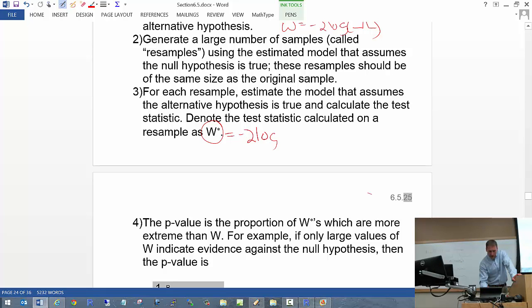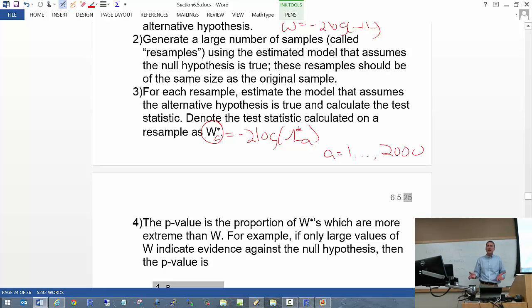How about we call it -2 log lambda star to differentiate it from our original -2 log lambda. I'm going to calculate this for every single simulated data set. So let's use a different letter. We'll use a. I'm going to do this for a equal 1 to 2,000. So I'm going to have 2,000 of these W stars.